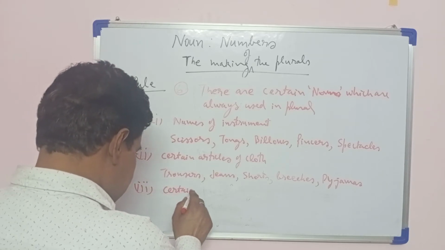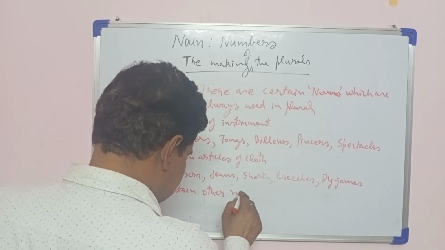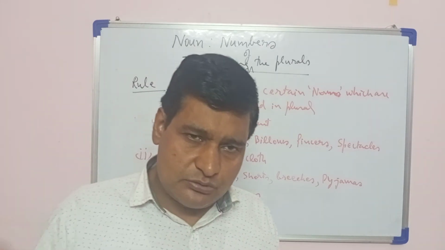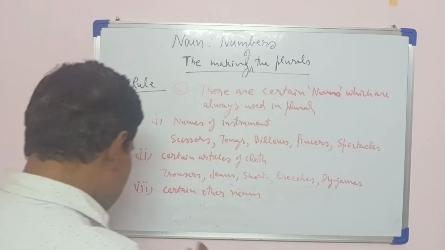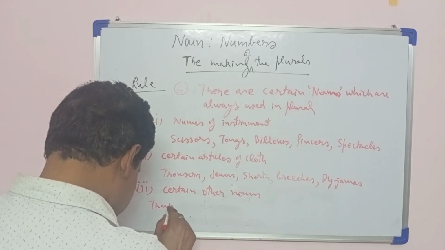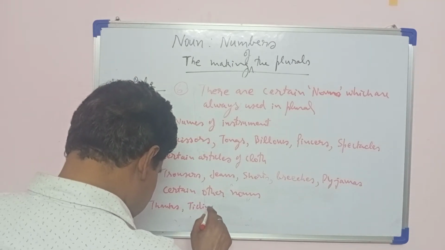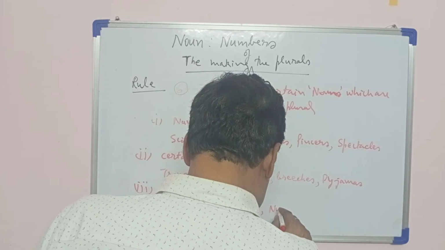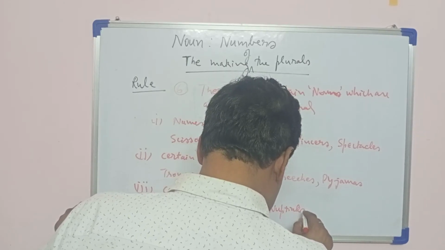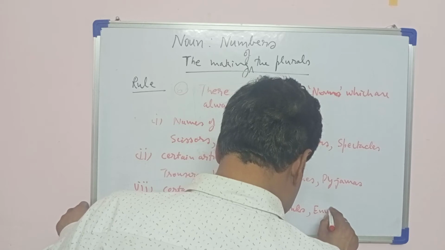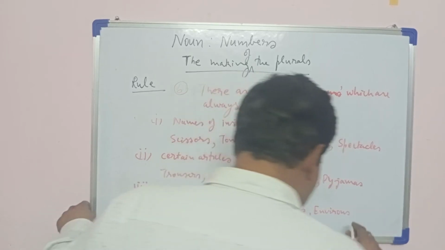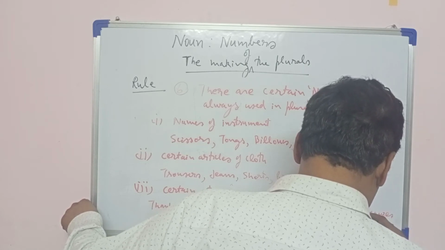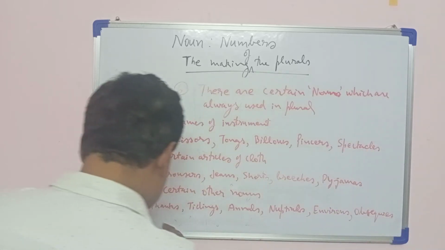Certain other nouns. Apart from these, there are certain other nouns which are also always used in plural form, like thanks, tidings, annals, nuptials, environs, obsequies, chattels.